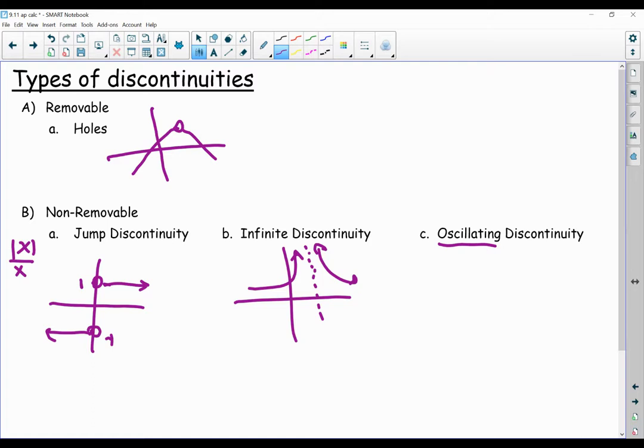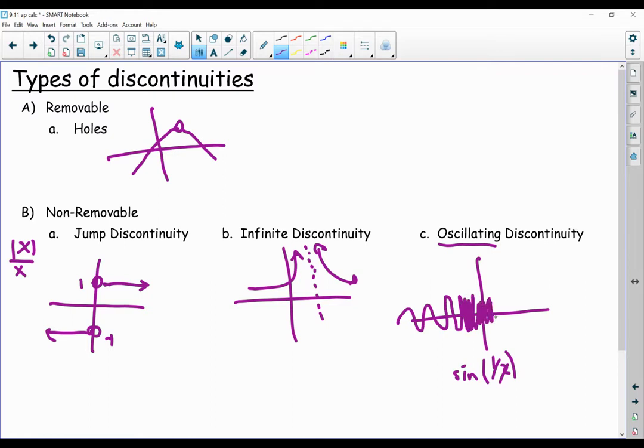That's an oscillating function. An oscillating discontinuity, an example would be y equals sine of 1 over x. What happens is, it's like I'm a regular sine graph, and then my oscillation starts speeding up.